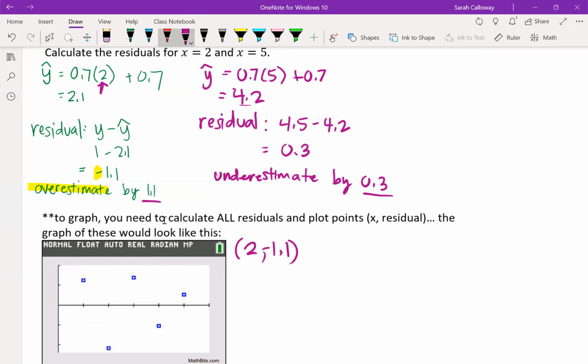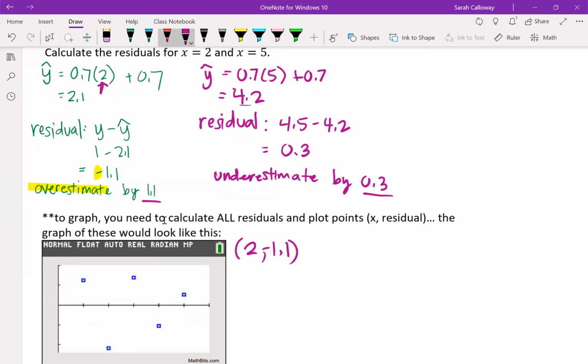So what we want to do is identify what we can with the equation. If I know that the flight was 500 miles and x is distance in miles, that's telling me that x is 500. So what I can find with x right now is the predicted y value.